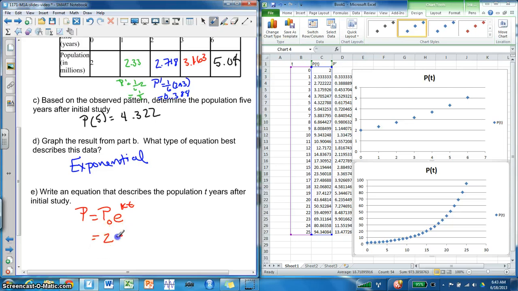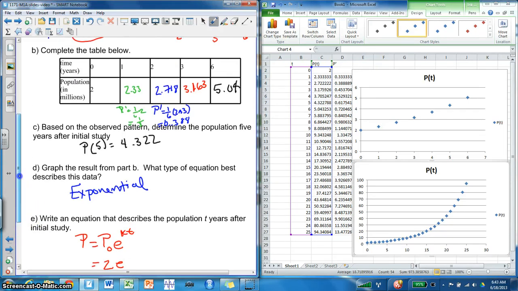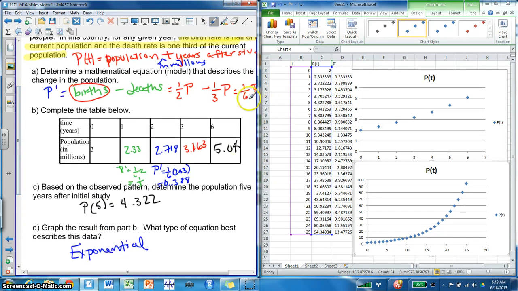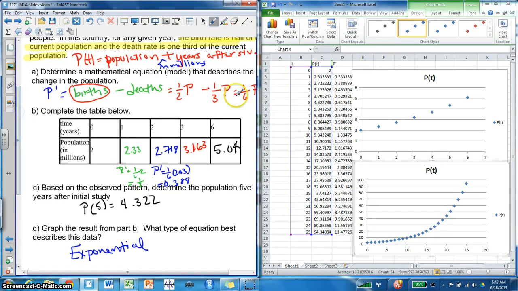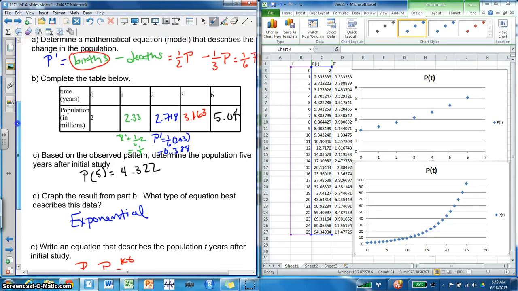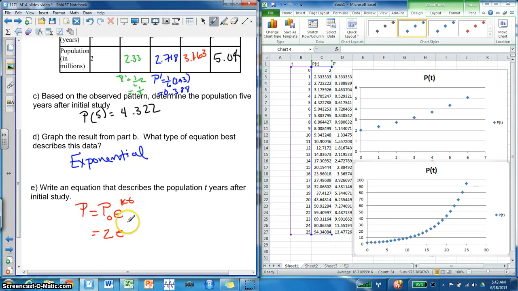And then k is actually going to be whatever our rate here is, and we'll see this when we study differential equations, but for now the k value will be whatever the constant of proportionality is in our rate of change equation. So this will be e to the 1/6 t.